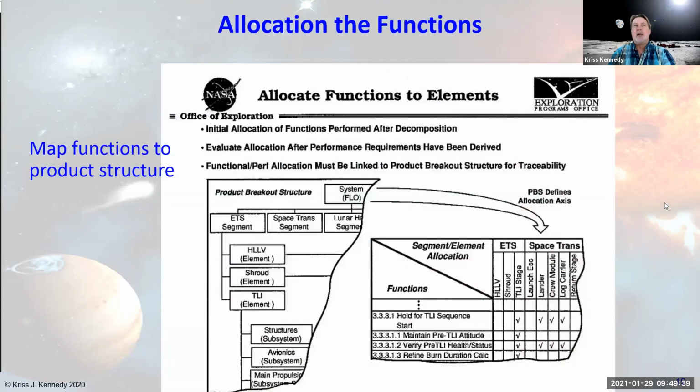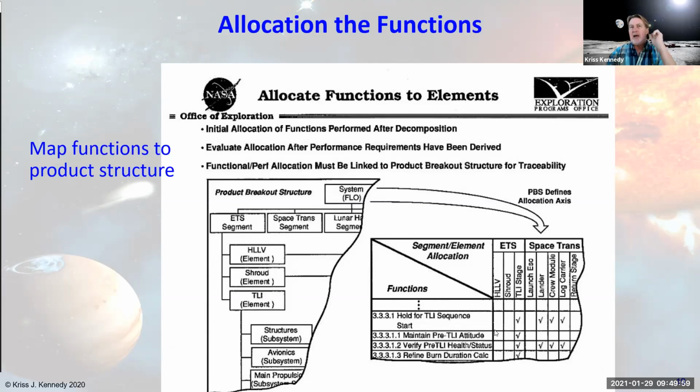So here's kind of a map of functions to product structure. This looks at how to allocate functions to elements. You have your list of all those functions, and then you begin to look at your products, your different segments, your different elements, your different subsystems, and so on.